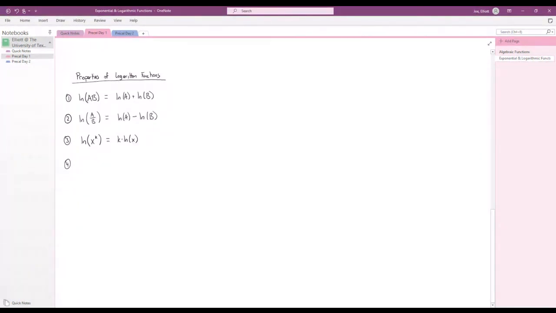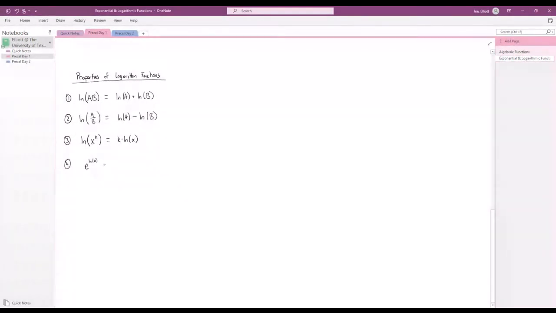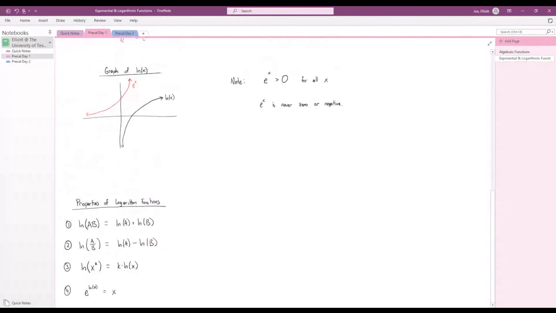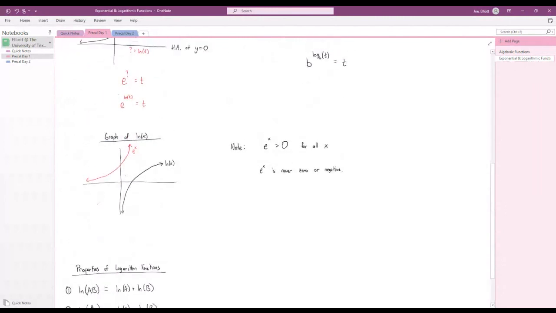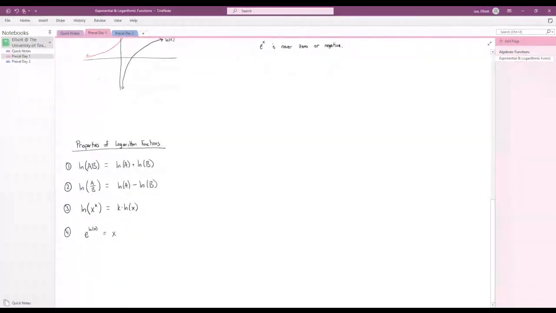And then, we saw earlier how e to the power of the natural log of x gives you x, because the e and the natural log cancel. That's one way you can interpret the statement we had over here.